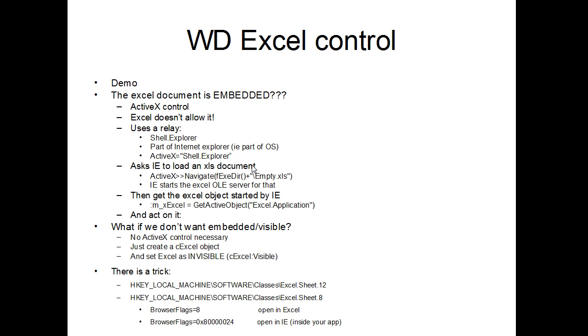These are the settings. These are the two keys that you have to modify, and you have to change the browser flags value from 8, which opens in Excel, to 800024 in hexadecimal, where it's going to open inside IE or inside your application, in fact inside the window where it's called. So that's the two tricks in order to achieve this kind of presentation.